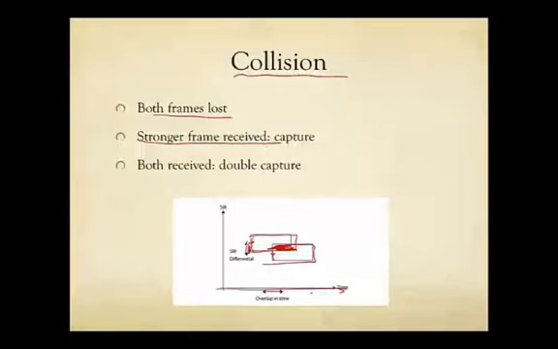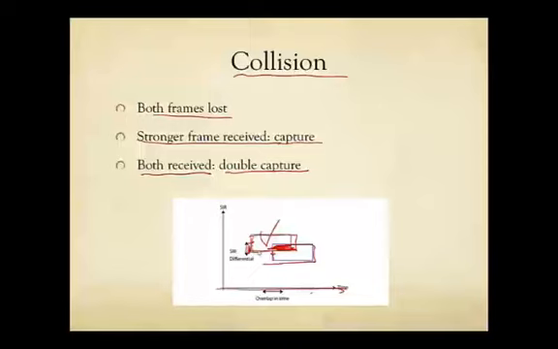If the SIR differential is sufficiently high, then this one can be understood, and we call that a capture effect. In other words, collision does not necessarily imply both frames are lost. That's the second scenario. There's a third one, which is both are properly received. It's called double capture. For example, if they are not overlapped too close to each other in time.